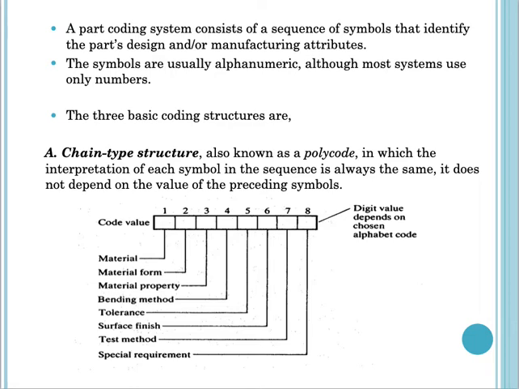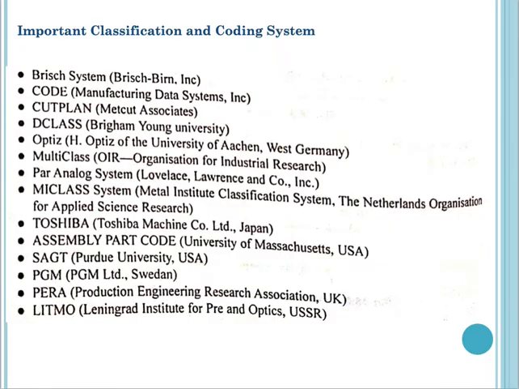So we have gone through this chain type structure, where one digit is material, as we have seen in that chart. Before that, the importance of this coding is very important to see.